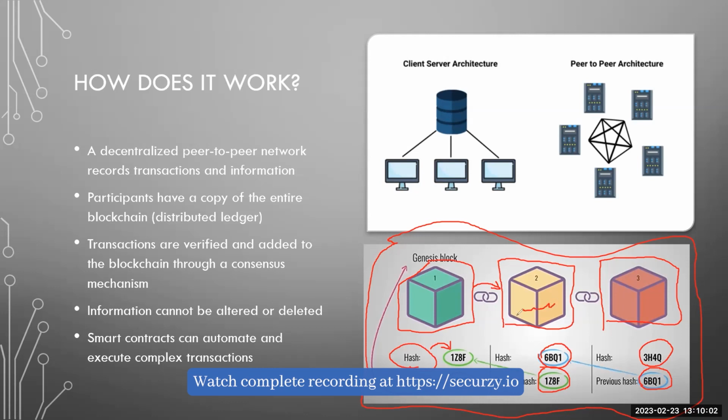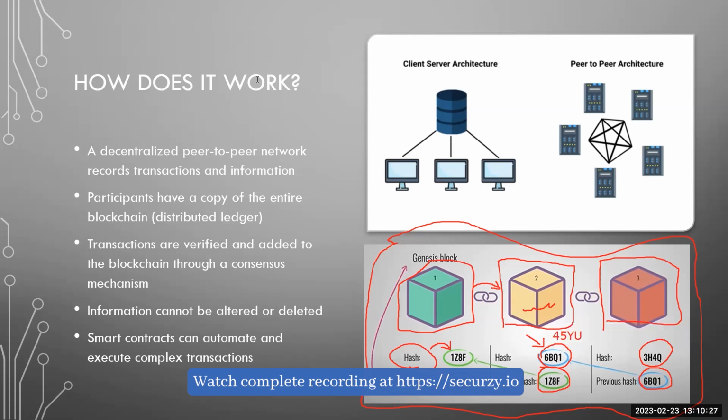His trying to change the transaction in this block will cause this hash to change. So, for example, instead of 6BQ1, we will have a different value of 45YU, for example.